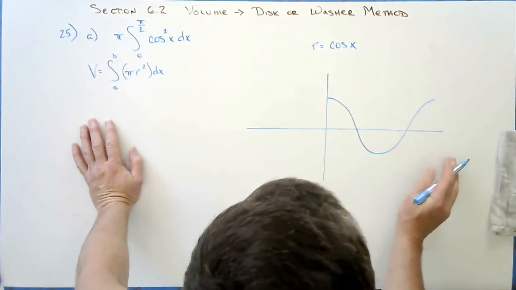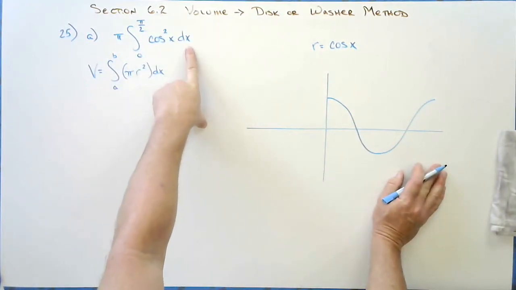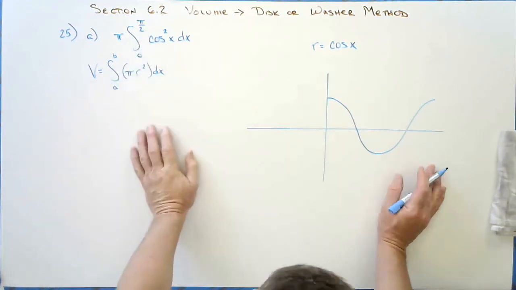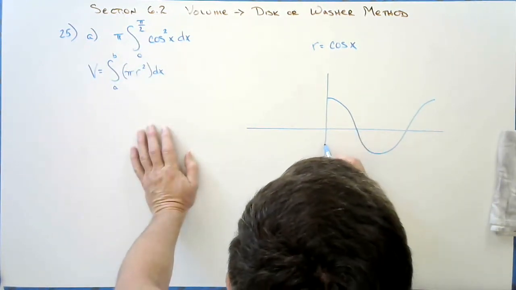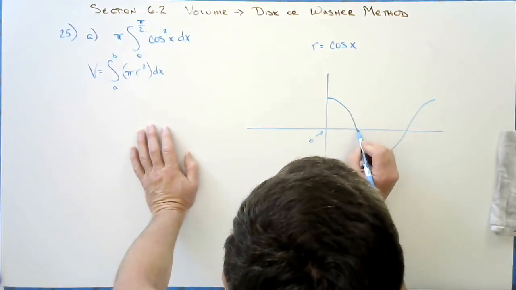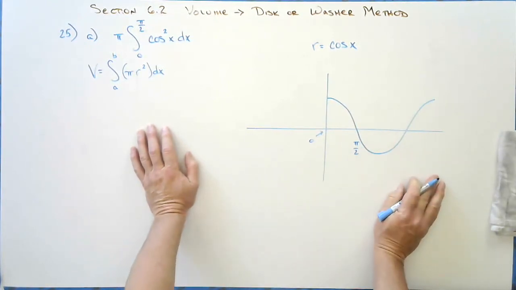And we're integrating between, this is an x dx, so this is a value of x. This is x equals 0, and that's x equals pi over 2. Well, x equals 0 is here, right? And this is pi over 2. If we're drawing our graph of our cosine function, that's the point pi over 2.